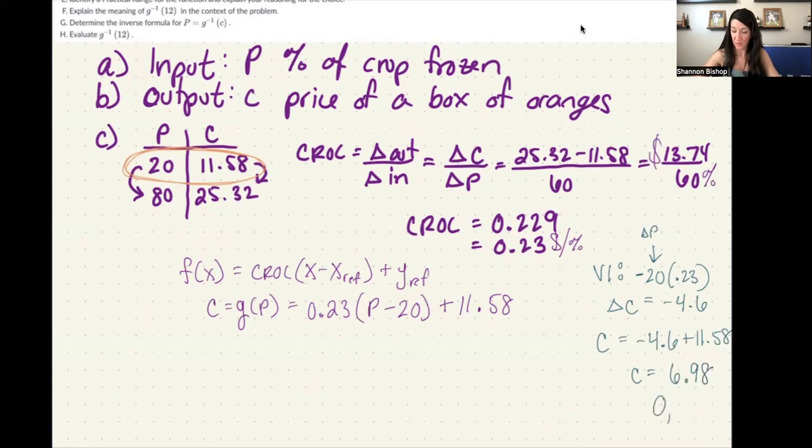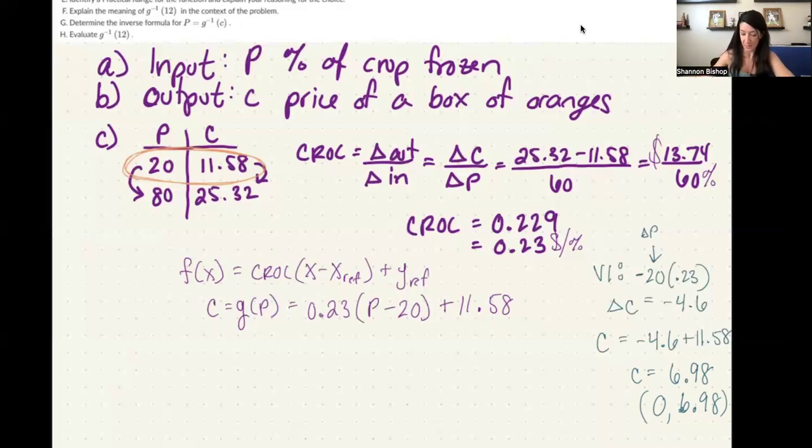So if you wanted to find the vertical intercept, this is one option, right? Just work backwards 20 units. Delta X, or in this case, delta P, is negative 20. Negative 20 copies of the rate tells you how much the cost would have changed. Subtract that from the original cost, or from the reference cost, and poof, there you go.